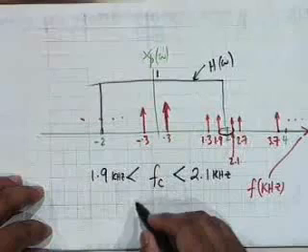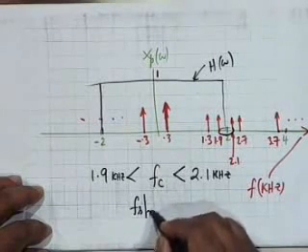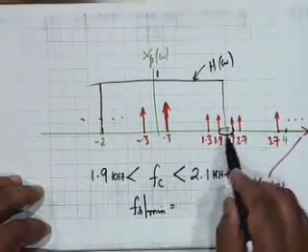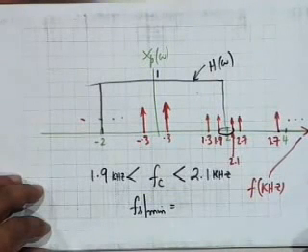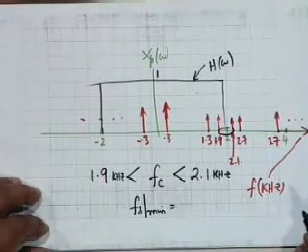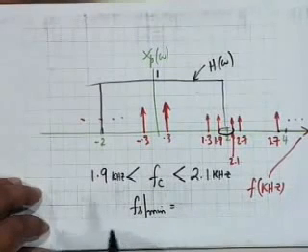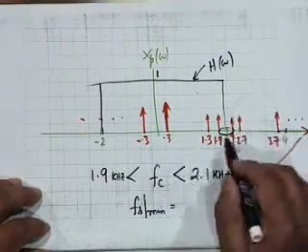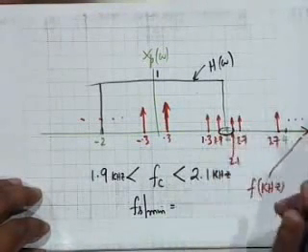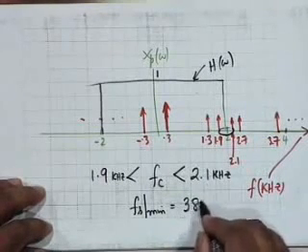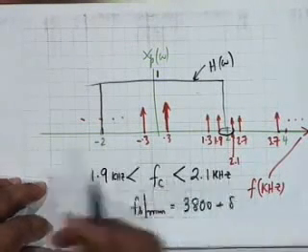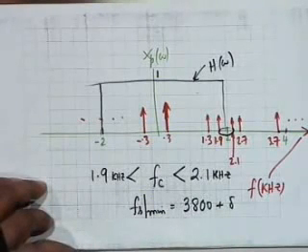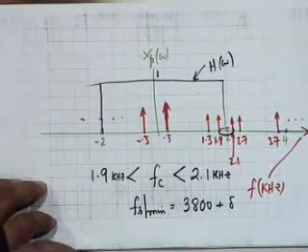Obviously the minimum sampling frequency, Fs minimum, is how much? 3800, twice the highest frequency content, but you have to make it 3800 plus delta. A delta is a small quantity.